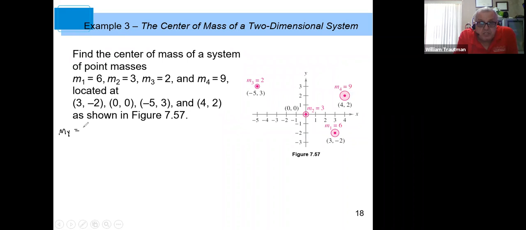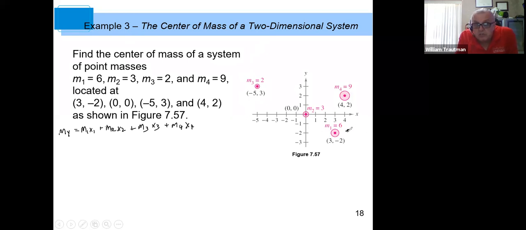Don't forget the formula: the mass of 1 times x1, plus the mass of 2 times x2, plus the mass of 3 times x3, plus the mass of 4 times x4, since there are 4 masses here.